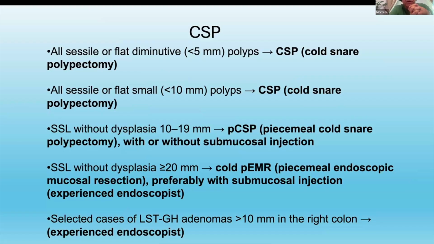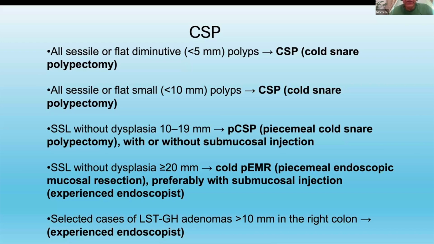So basically, all lesions less than 10 millimeters, it's cold snare polypectomy. Then if the lesion is bigger, as we mentioned a couple of times, an SSL without any dysplasia, cold snare polypectomy, no matter the size. If it's bigger than 25 millimeters, we call it piecemeal cold snare polypectomy.